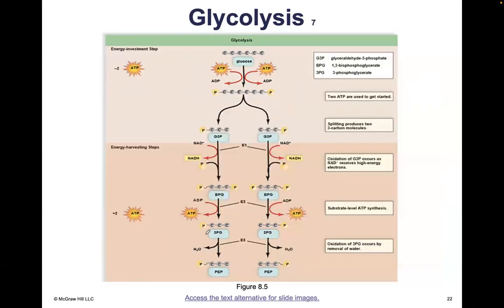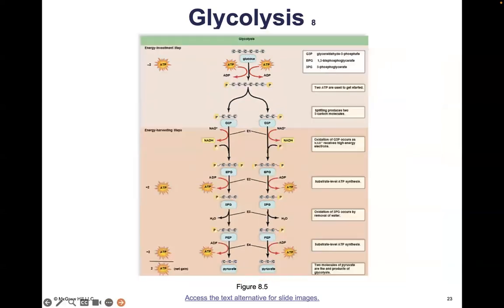Now the next stage, you will have an oxidation process that removes a water molecule from 3PG. You see the water molecule being removed, and you see another phosphate molecule being energized, the phosphate you had on atom number 3. Once it's been energized, it's ready to produce another ATP.